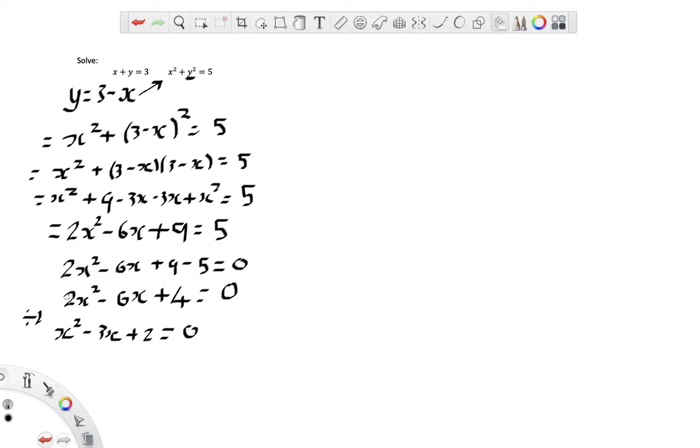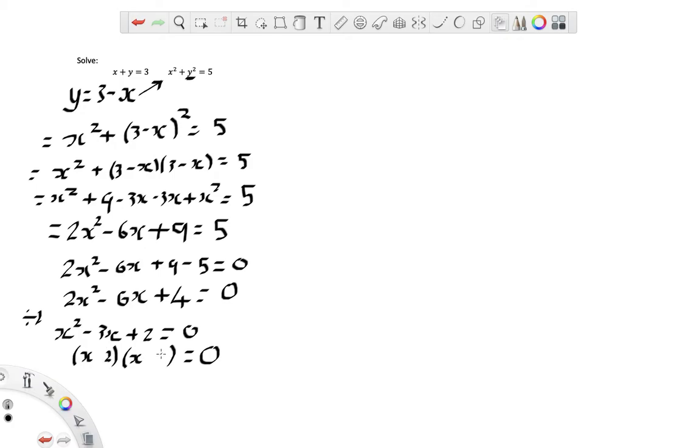Okay, so now I just need to factorize this essentially to get my solutions for x. So how am I going to do that? Remembering that this is all equal to 0. So factorize. So I've got x squared. Okay, what have I got here? Well, I've got 2. What are the factors of 2? Well, only 2 and 1, obviously because 2 is a prime number.